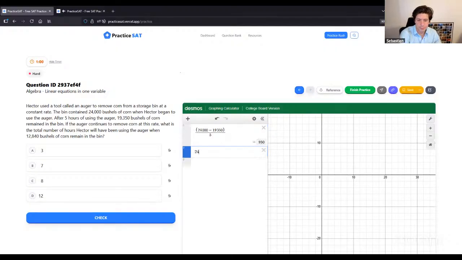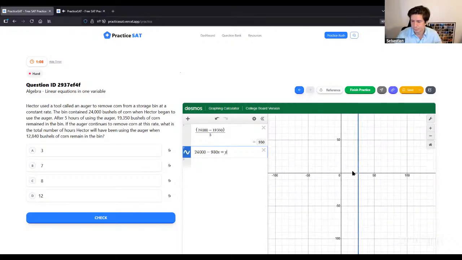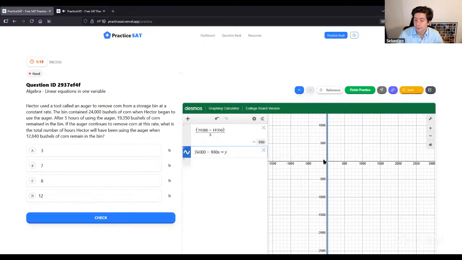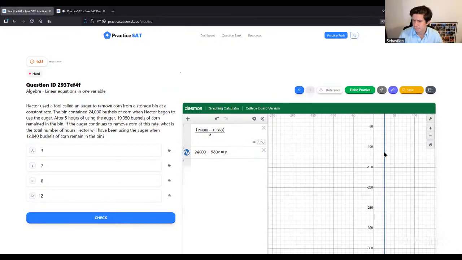Look, 24,000 minus 930x equals y. This looks too big. I don't love this. Okay, let's just do it algebraically then.